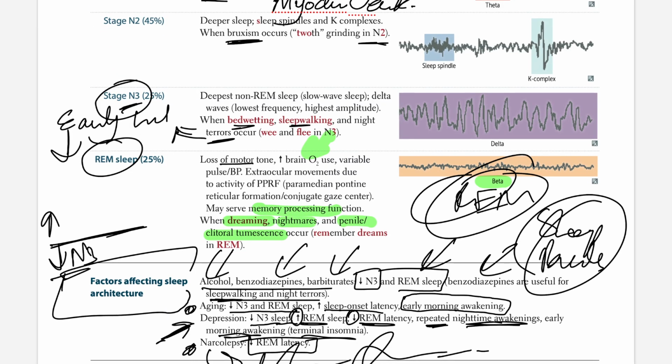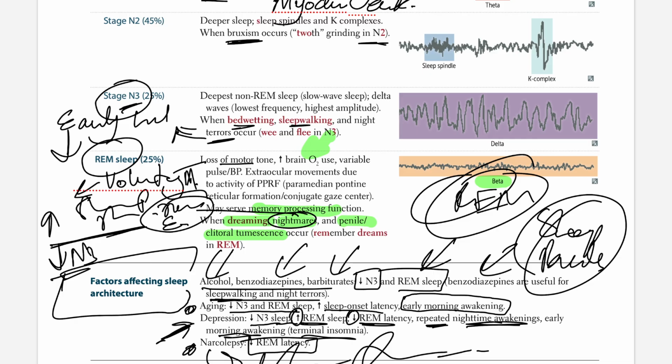With REM sleep, you have a loss of motor tone, which is voluntary muscle paralysis, that causes sleep paralysis. Voluntary muscle paralysis means skeletal muscle paralysis. They have the nightmares. They remember everything.